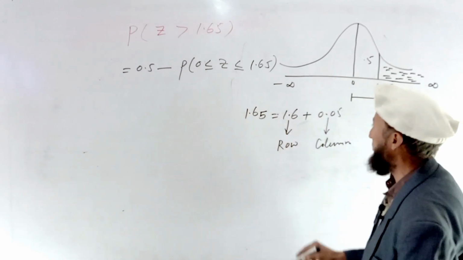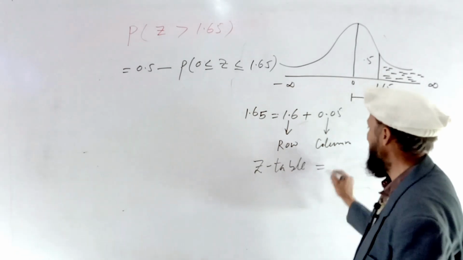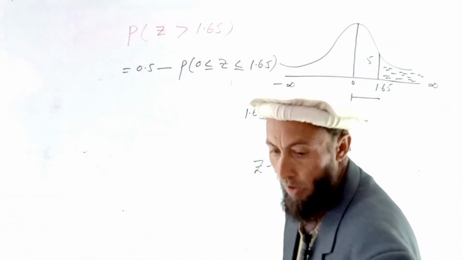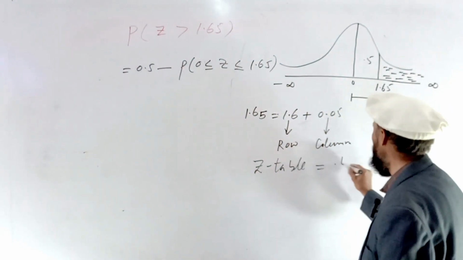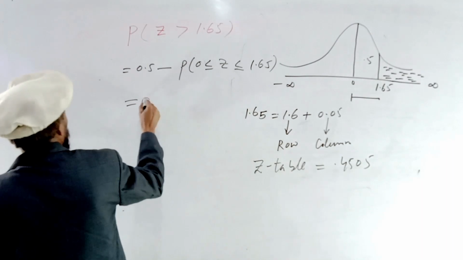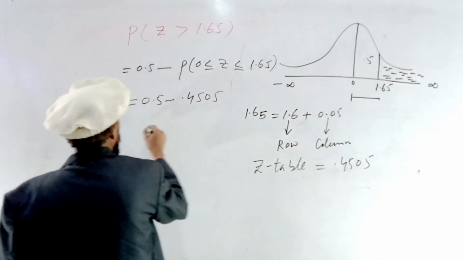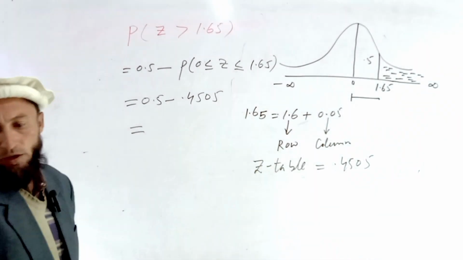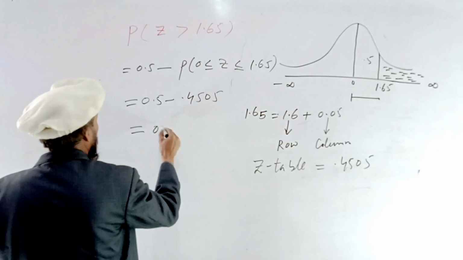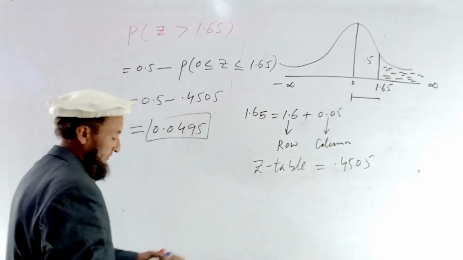We check the column of the Z table, so the result is 0.4505. Now we subtract this area: 0.5 minus 0.4505. The result is 0.0495, which is the required result.